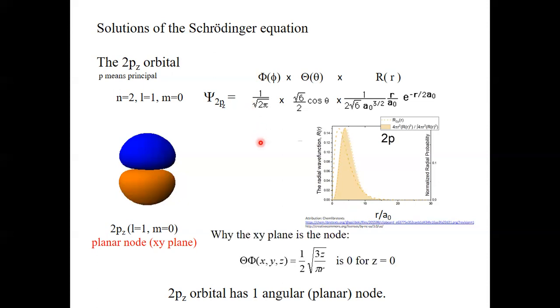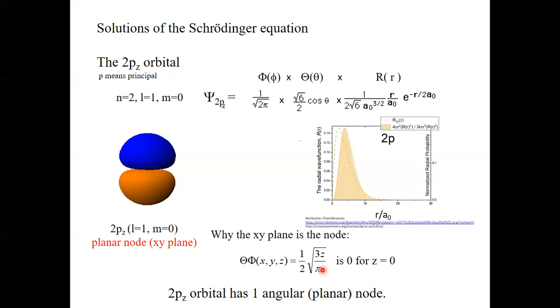Then this part of the overall wave function adopts this form. Of course, I'm omitting all the mathematical steps, but just present you the end result of the calculation. So the product of the two angular parts of the wave function is half times the square root of 3z over pi r.